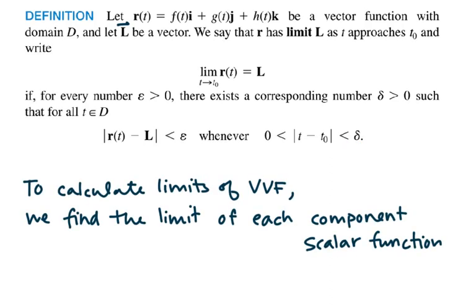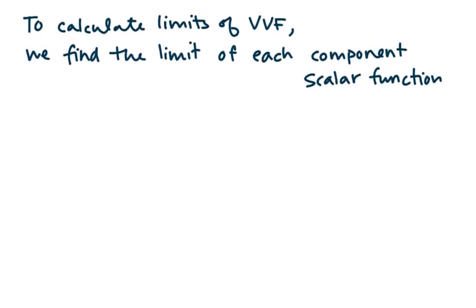And, to calculate the limit of any vector valued function, basically we just need to find the limit of each component scalar function. So for example, I'm going to kind of work this out.